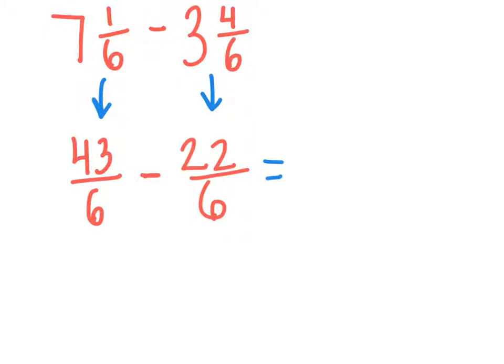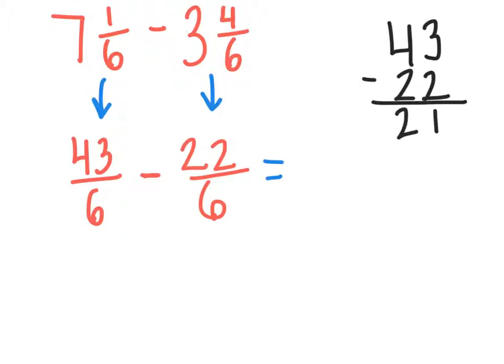I'll do my work over here. 43 minus 22. Well, 3 minus 2 is 1. 4 minus 2 is 2. So, when we bring that over to our answer, 43 sixths minus 22 sixths gives us 21 sixths.